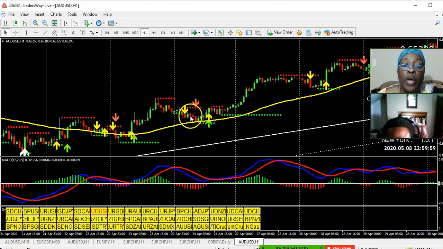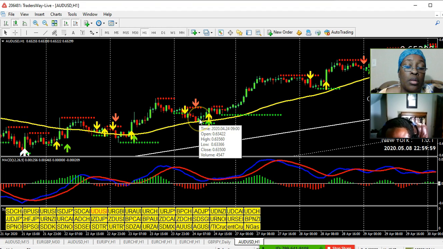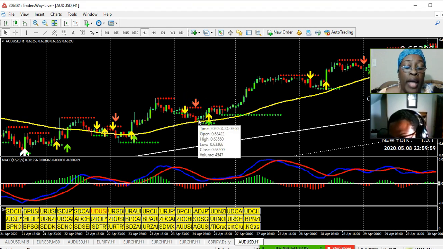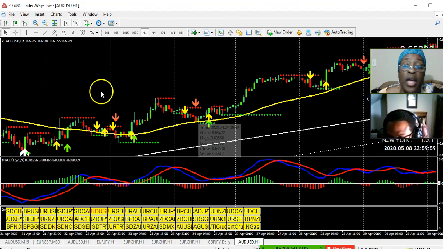So you want to wait until it pulls back. Now pullbacks are great because it gives us an opportunity to get back in the market at a lower price, right? So pullbacks are fine. We just wait that out. When it finishes pulling back, when we get the first bullish arrow candle that closes above the 50, we start that process all over again.